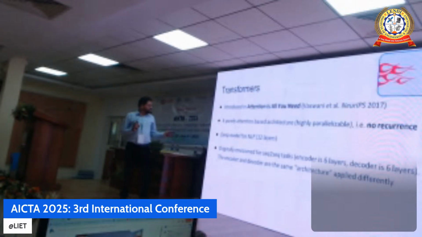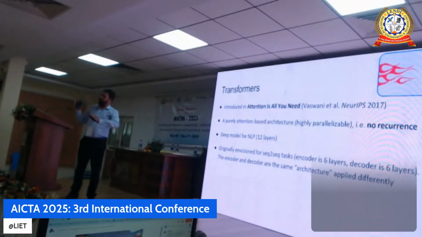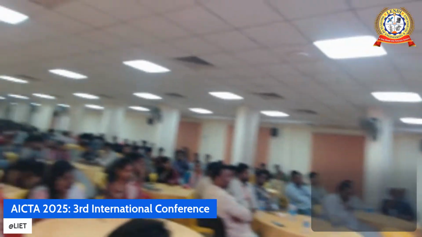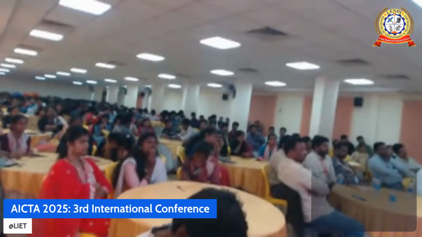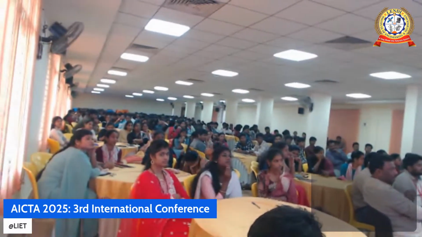So this 2017 paper has six encoder layers and six decoder layers, sorry, a total of 12 layers. We will see the complete architecture. Each layer performs the same task, which is a repetition.